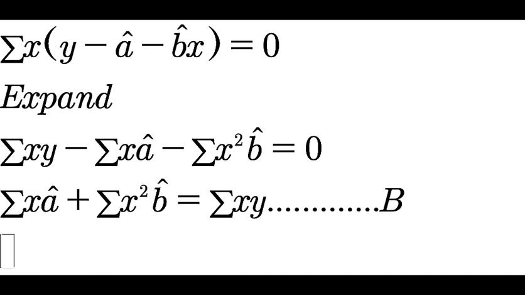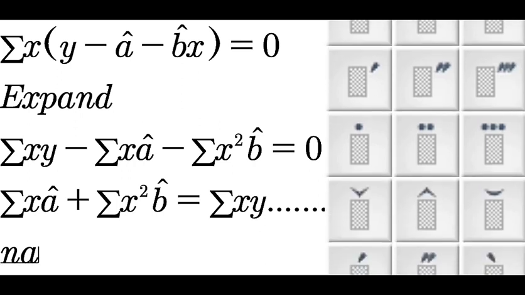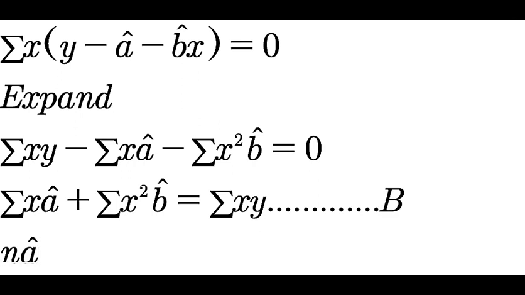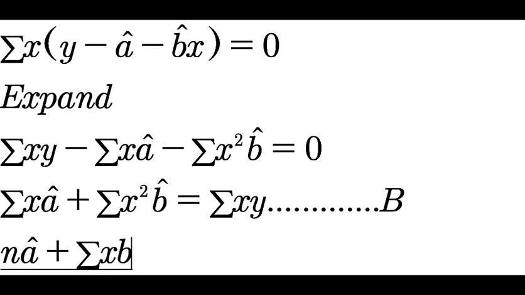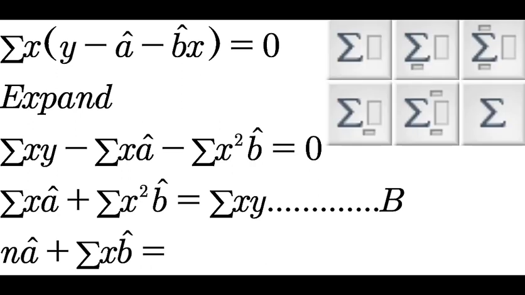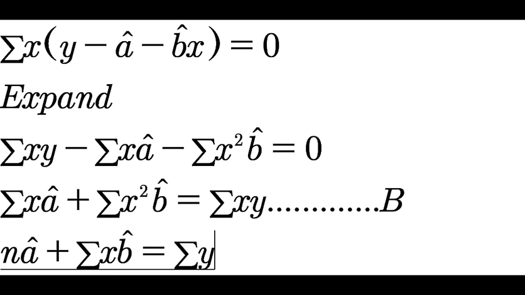Having the equations, we have n a hat plus summation x b hat equal to summation y. That is our equation A given above.